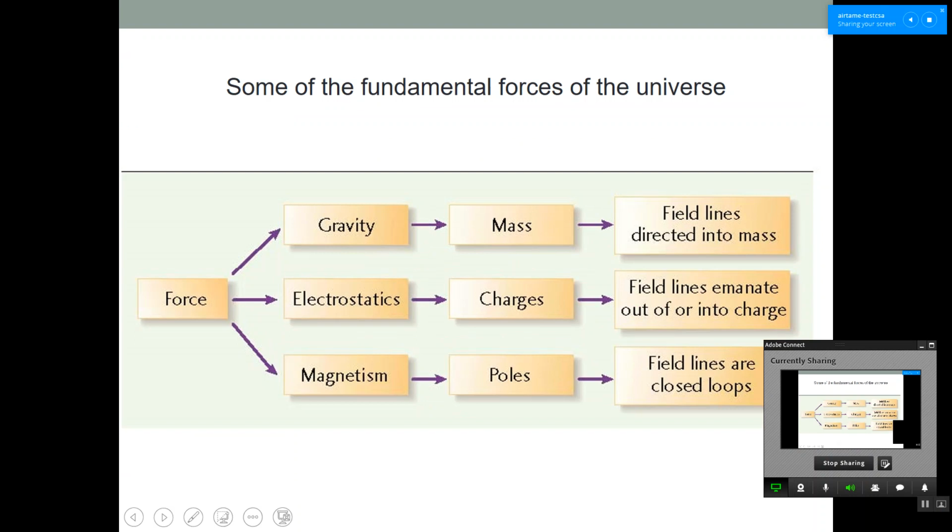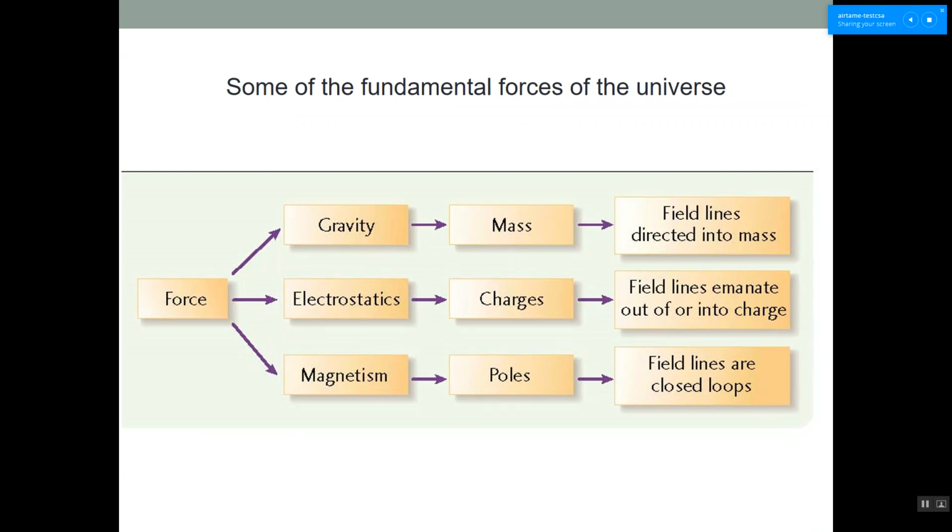So let me just minimize this. I have these three forces, or two out of the three are fundamental forces. But I want you to figure things out. Gravity is the force that acts on a mass, like electrostatic force acts on a charge, and similarly, magnetic force acts on a pole.